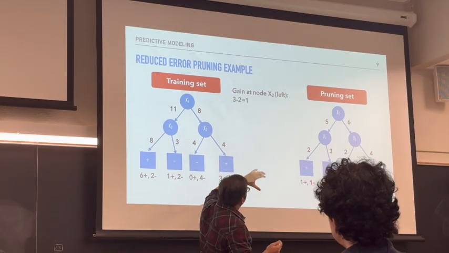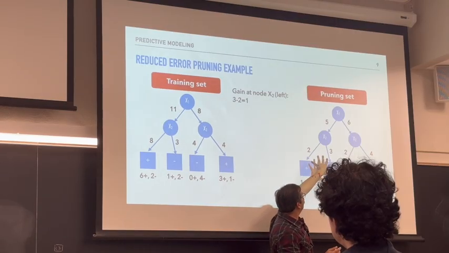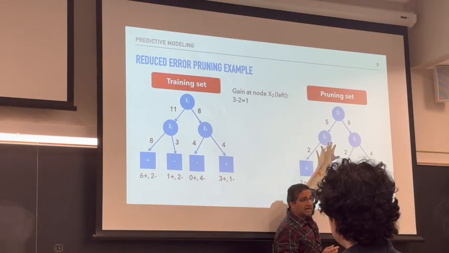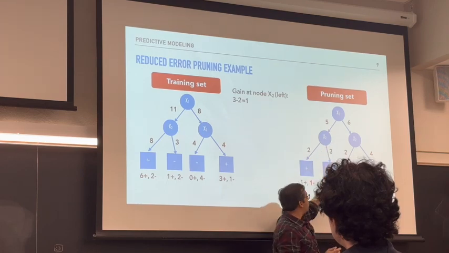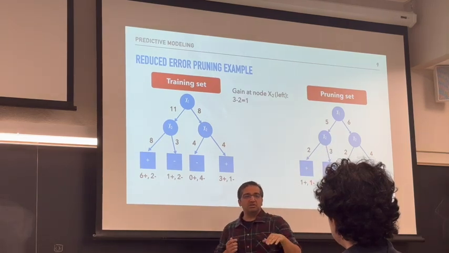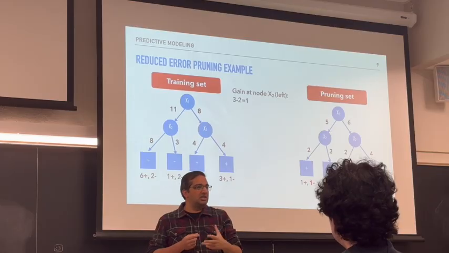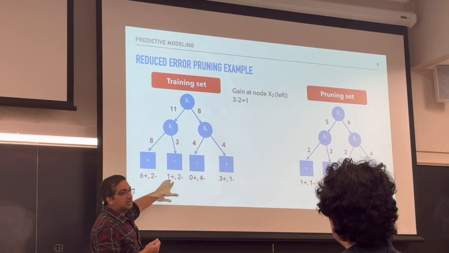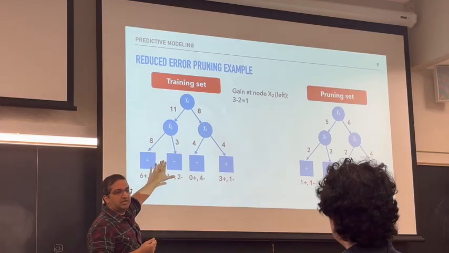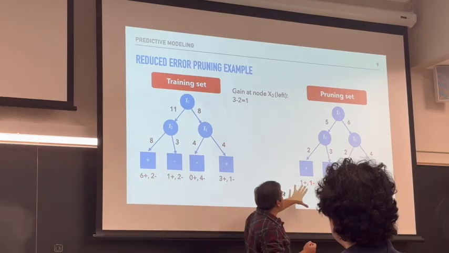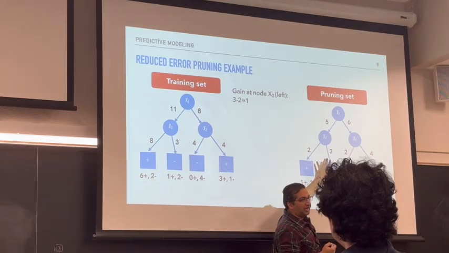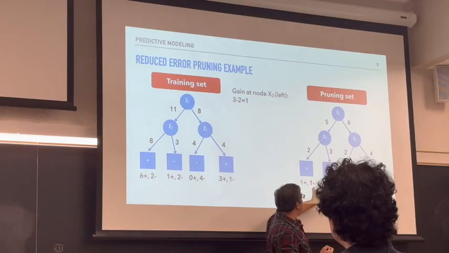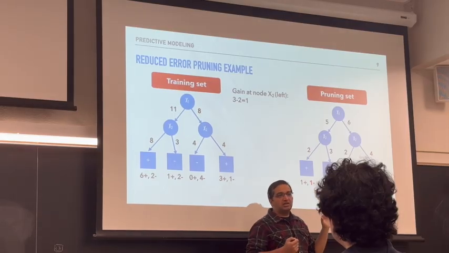If I actually prune this and replace it with a single node, that will be my leaf node. What will be the majority label there? What will be my prediction? It will be plus, right? It's built using the training tree, so this will all be labeled as plus. In that case, how many inaccuracies will there be? 2, right?